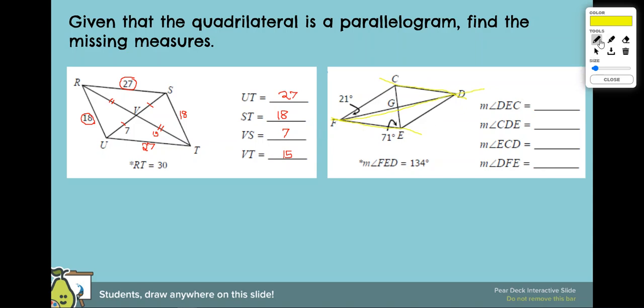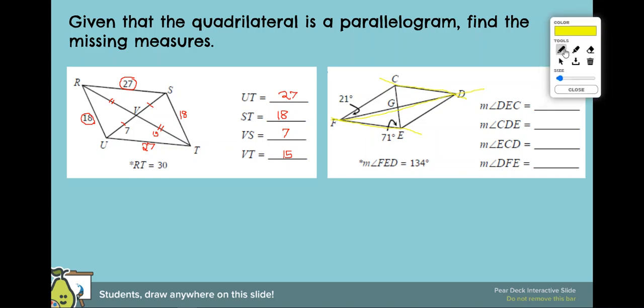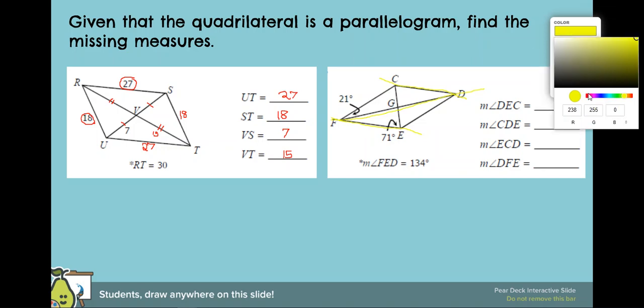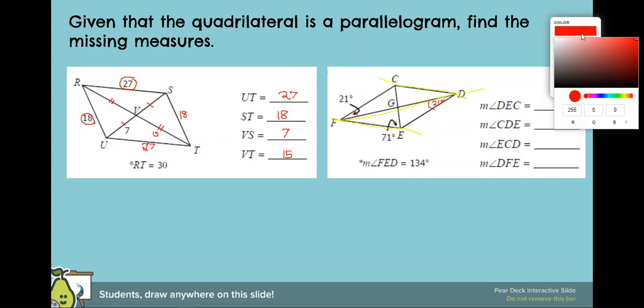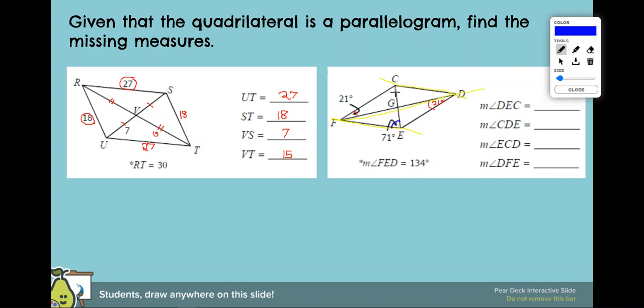So when we're given a portion of one of the angles, what that allows us to do is to use alternate interior angles to say that the other portion is congruent. So if this angle is 21 degrees, then this angle is 21 degrees. If this angle is 71 degrees, then this angle is 71 degrees. And again, that's by alternate interior angles.